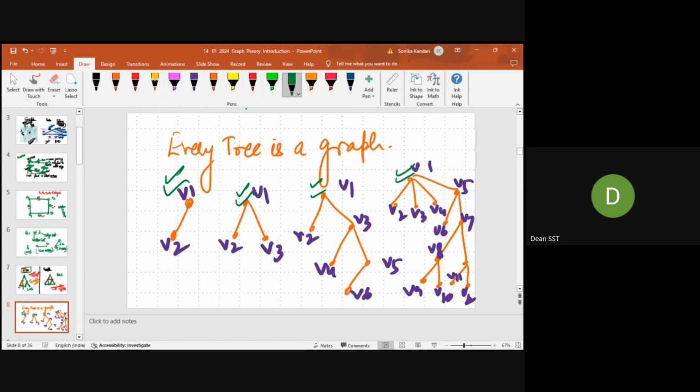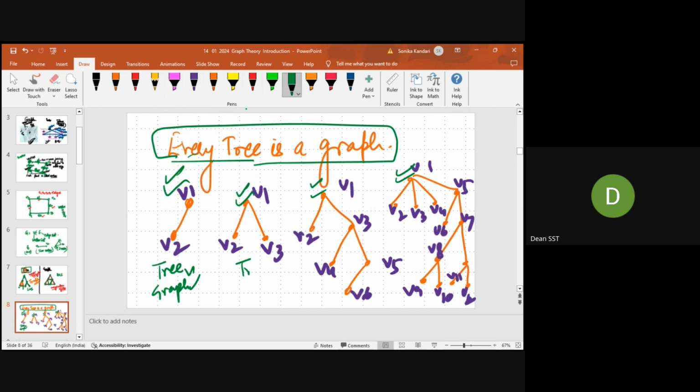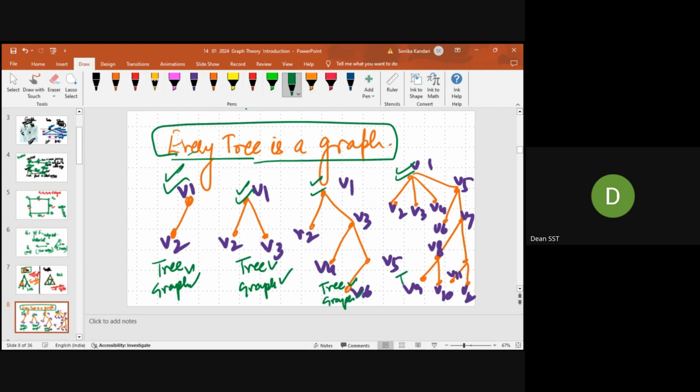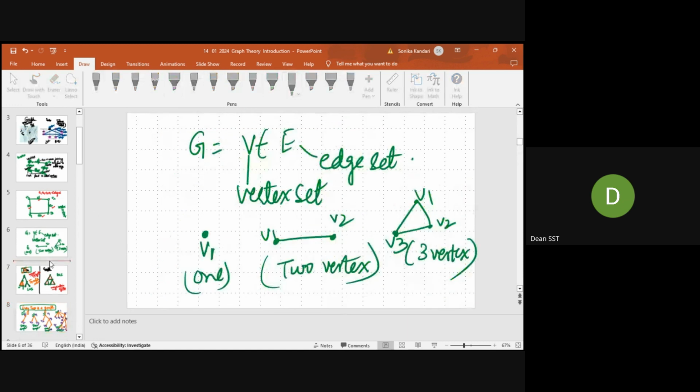No cycle is there. This is a tree. No cycle is there. Fine. Is it clear? And every tree is a graph also. This is a tree as well as a graph also. Every tree is a graph.